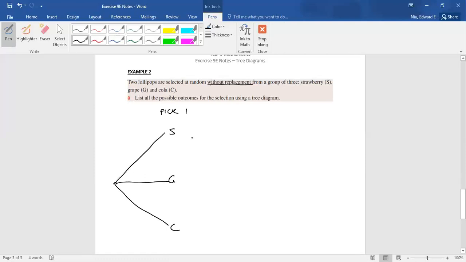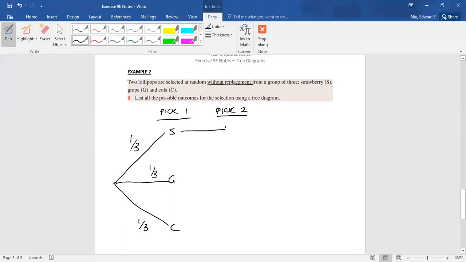That's good. And what we can say is, well, we've got a 1 in 3 chance of getting each, right? So that's pick 1. Now, if we were to take out a strawberry, on our second pick, pick 2, we no longer have a strawberry in the bag to pick from because we already got the strawberry out of there.